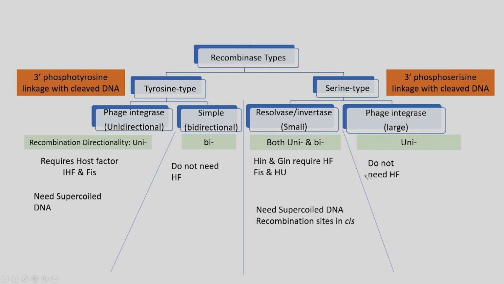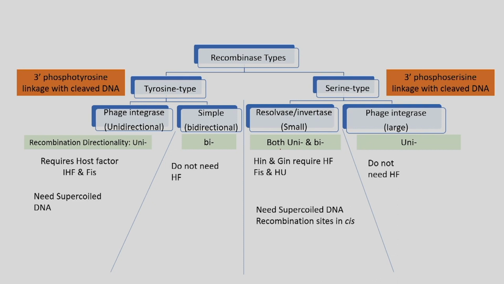And there are other features which are important to these recombinases. For example, the phage integrase requires the host factors IHF and FIS, and these need supercoiled DNA. These do not need the HF, and the serine types, particularly the small resolvases and invertases, also have some kind of directionality.